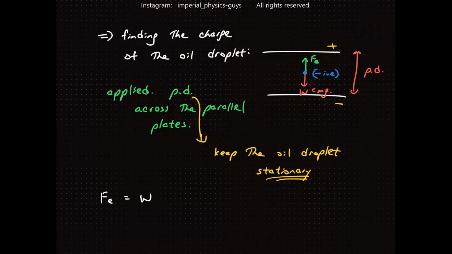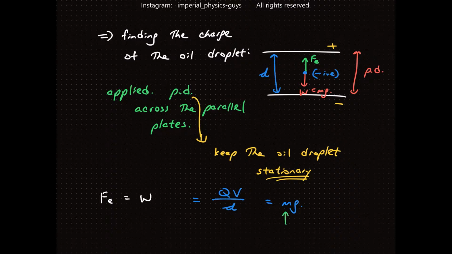And Fe is the electrostatic force, which is given by Q, the charge of the oil droplet, multiplied by the potential difference between the plates, divided by the distance between the plates, the plate separation. And that's equal to the weight, which means mg.